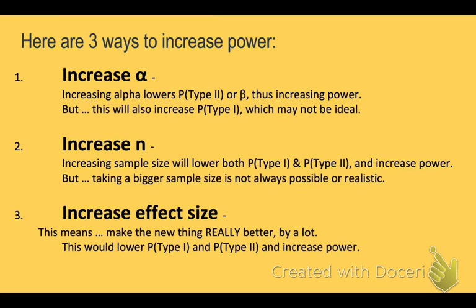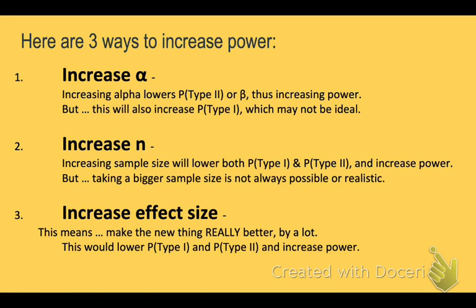So like if I wanted to create a weight loss pill, I would want my effect size to be that it really makes a big difference in how much weight someone loses, compared to just a mediocre amount of weight loss. If I can make that gap bigger, it's going to make it a lot easier to reject the null hypothesis when my null hypothesis is false.